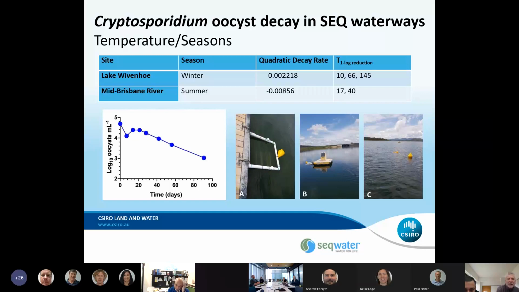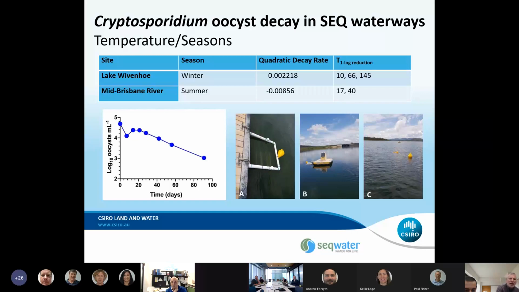But you can see, this is the mid-Brisbane, I should say, in summer, and we've got a decay, but what we actually found was that towards the end of the decays, we could see a little bit of slowdown. So we would actually go to a quadratic decay rate and having a T1 log reduction, which is the equivalent of a T90.